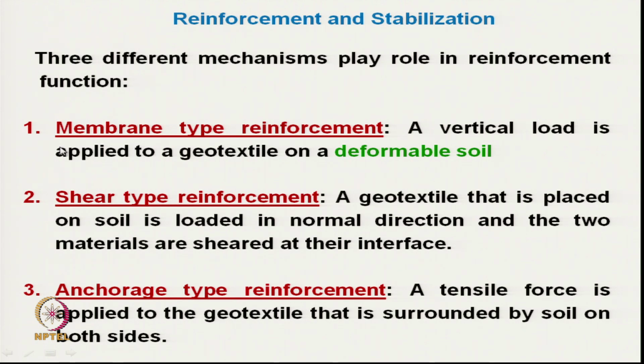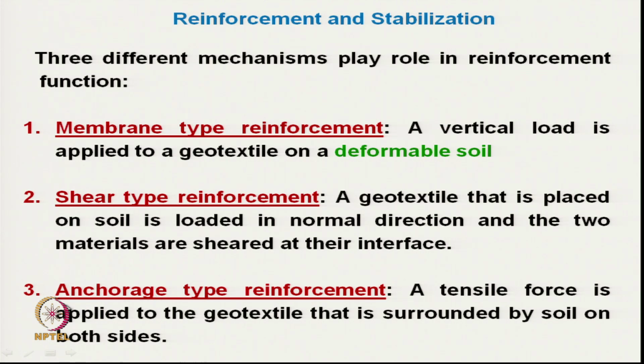First is membrane type reinforcement, where a vertical load is applied to a geotextile on deformable soil. Next is shear type deformation. A geotextile that is placed on soil is loaded in the normal direction and the two materials are sheared at their interface.